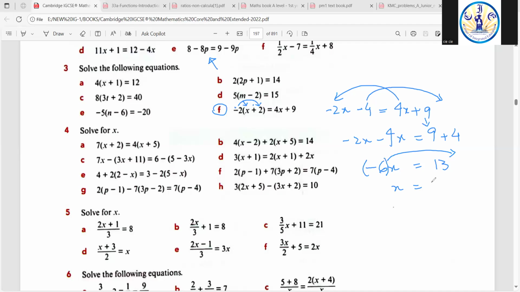So when it is shifted to the right side, it will get divided, but in this case there will be no change of sign. You need to observe this thing. When a multiplied number is shifted to the other side, it goes with the same sign. So negative 13 by 6 is going to be the answer.